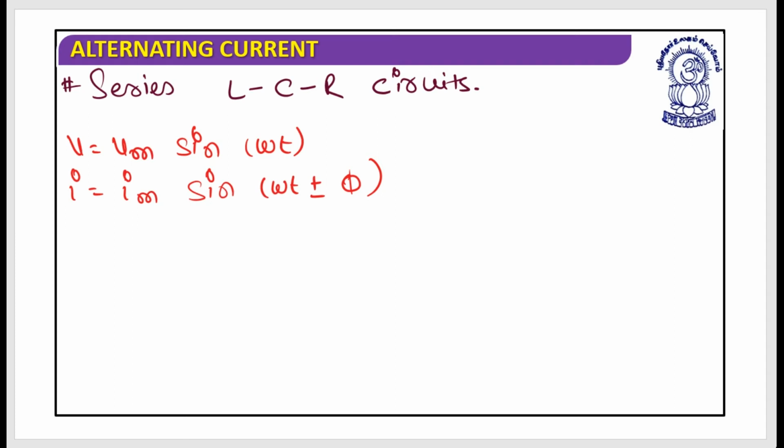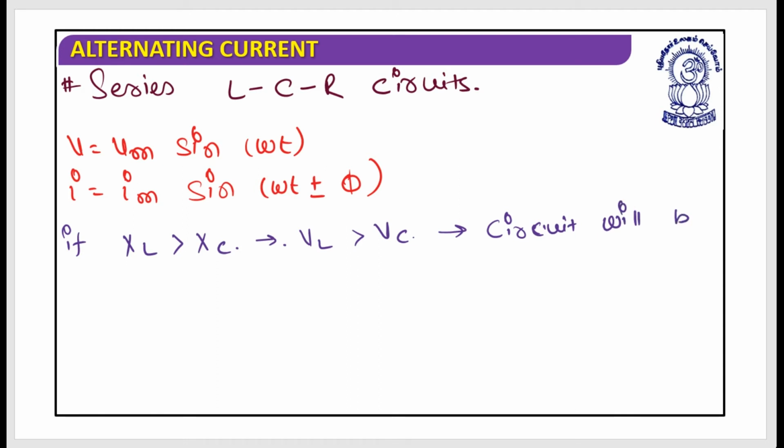Now let's discuss that. If XL is greater than XC, or I should say VL is greater than VC, then the circuit will be an inductive circuit. And when the circuit is inductive, who will lead?